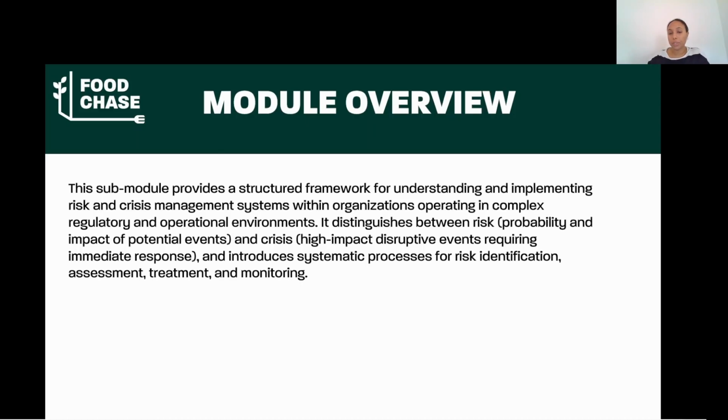It distinguishes between risk, the probability and impact of potential events, and crisis, which is the high impact disruptive events requiring immediate response. And it also introduces a systematic process for risk identification, assessment, treatment, and monitoring.